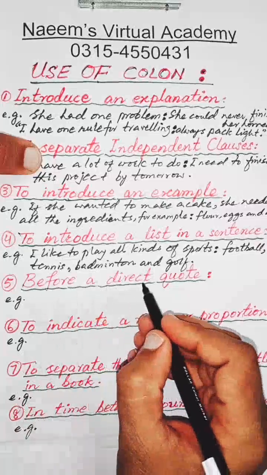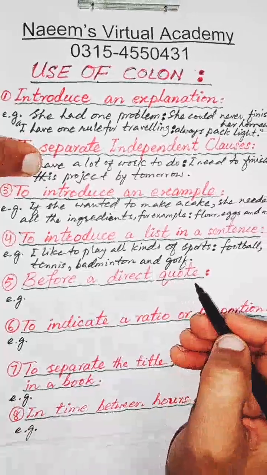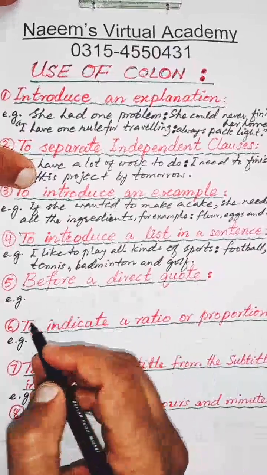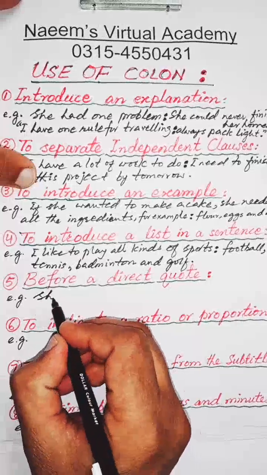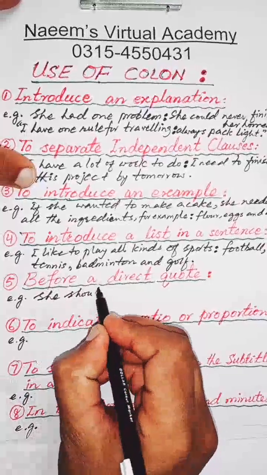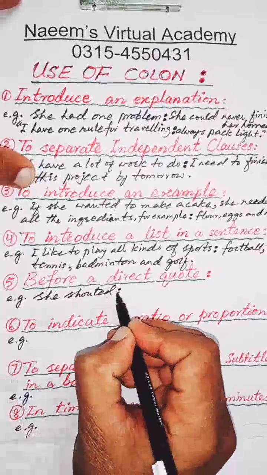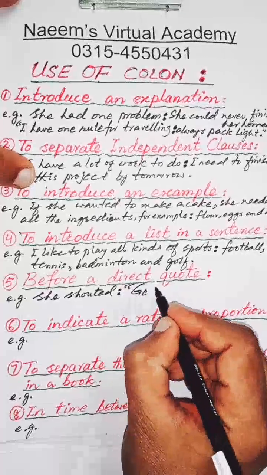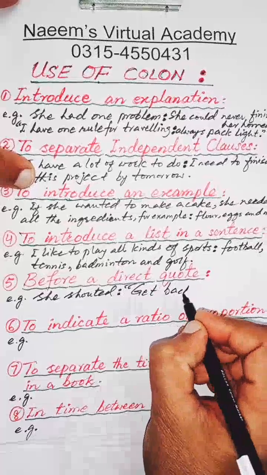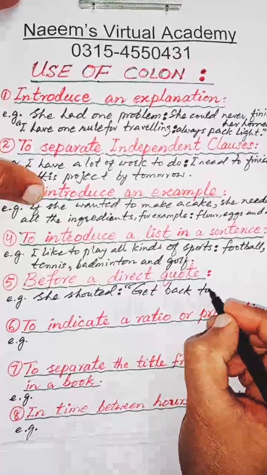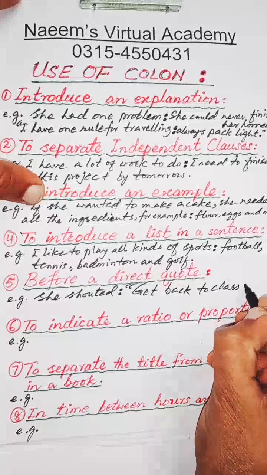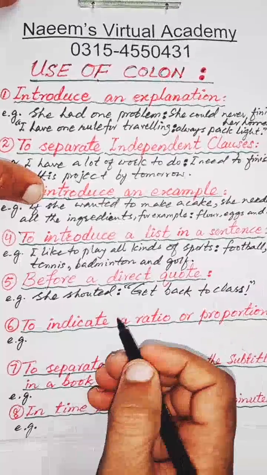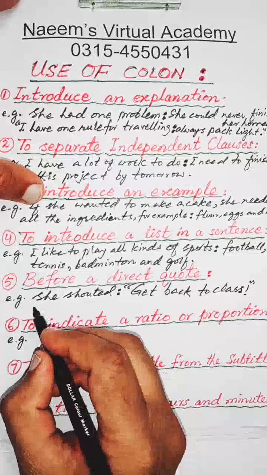Use number 5 is before a direct quote. Means instead of comma you can also place a colon. For example, she shouted: Get back to your classes. So she was angry, and it is her direct quote, right? And you can say, a poet said: the only true wisdom is to know yourself.